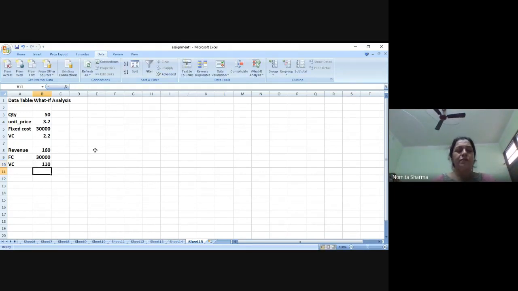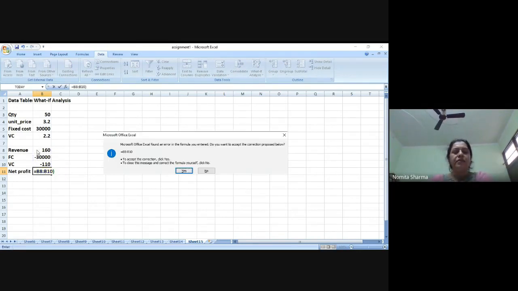I get this as 110. Let me put a minus sign in front of fixed cost and variable cost, so that we know that we have to subtract this component from the total revenue. So the net profit will come out to be the sum of all these items, that is revenue, fixed cost, and the variable cost.